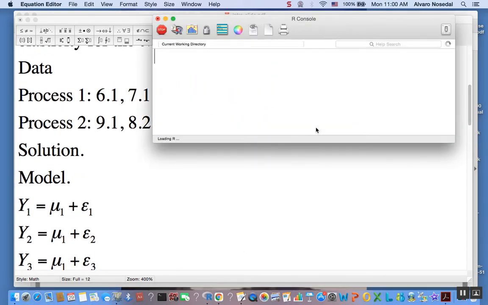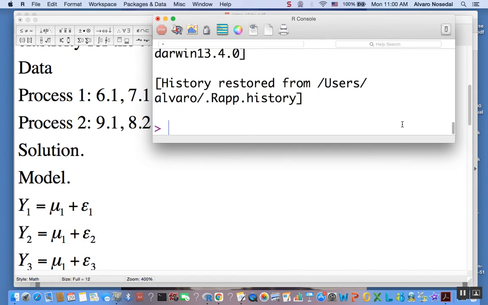Here we go. First we need to enter our data set.